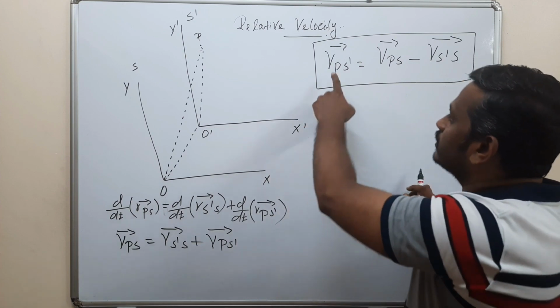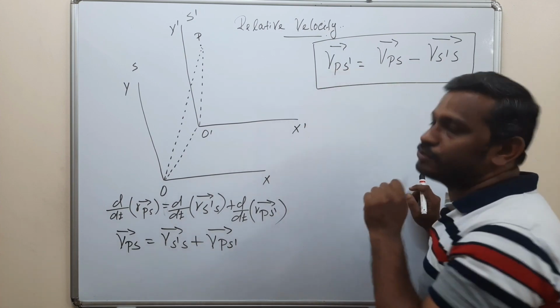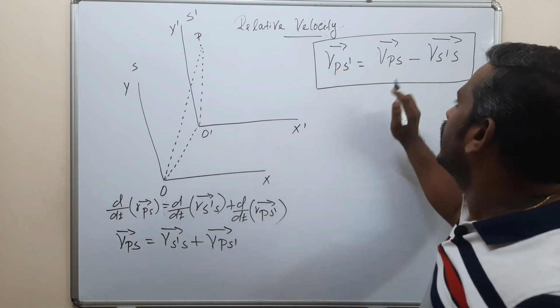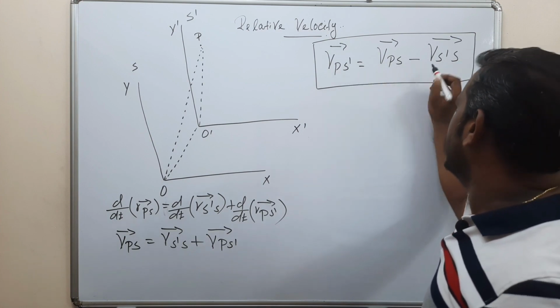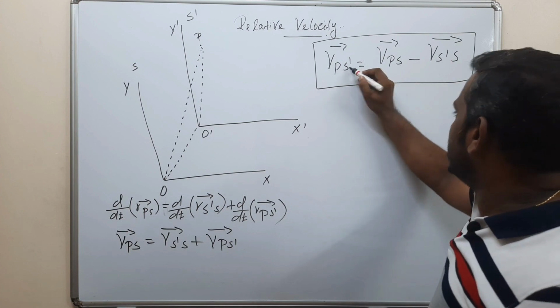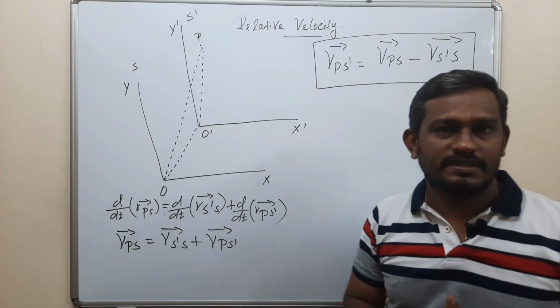So the velocity of the particle with respect to s' is equal to the velocity of the particle with respect to the common frame s minus the velocity of s' with respect to the common frame s.